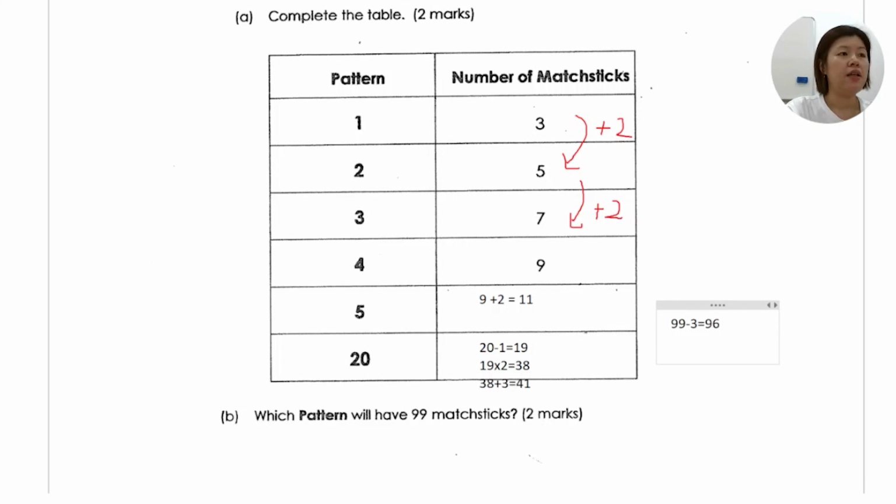And then each time I move is actually 2. So 96 divided by 2 is equals to 48, meaning I got 48 patterns in between from 1 to 99. Okay, so 48 is my pattern number. I need to plus 1 back because I deducted the first one initially. So it's 49.